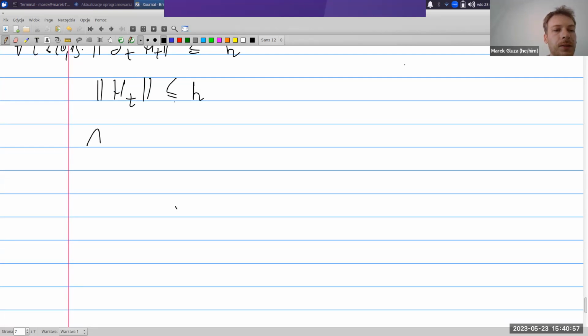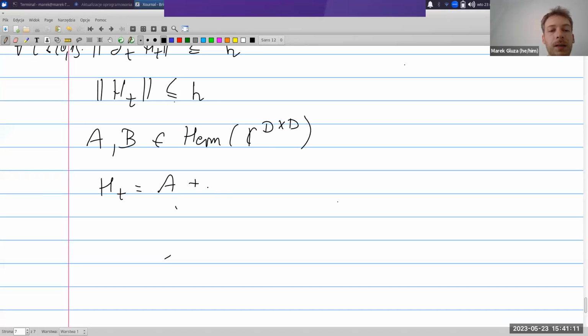Let A and B again be Hermitian matrices, and then I can consider H(t) to be A plus cosine omega t times B. Not a big problem. In physics, we would, for example, consider a driven magnetic field, or in general some time-dependent magnetic fields.